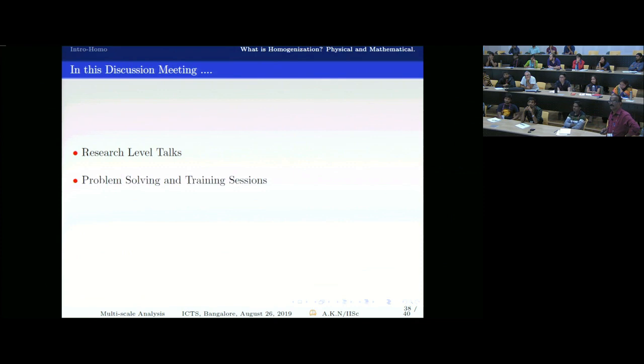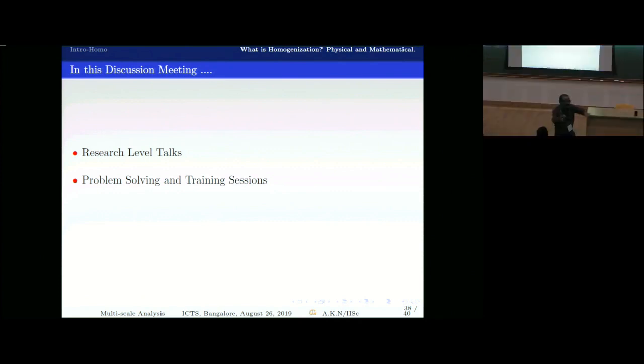You will also have some problem solving and training sessions in the evening. Probably, as I said, during coffee time or after that we can discuss how to form some groups, so that you get mixed. The Philippines participants should not be in the same group; let's separate and mix, everybody mix.